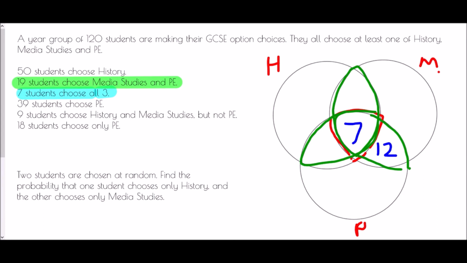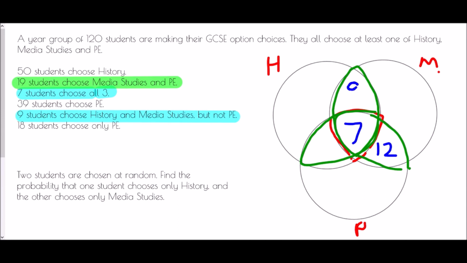Can I find any more information that links together just 2 sections? Well, 9 students choose history and media studies, but not PE. So that means that they are choosing history and media studies but not PE, means that they are not in the intersection, they are just linking history and media studies.